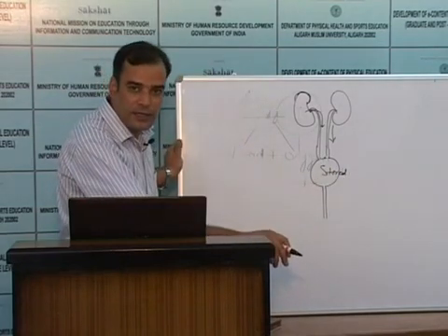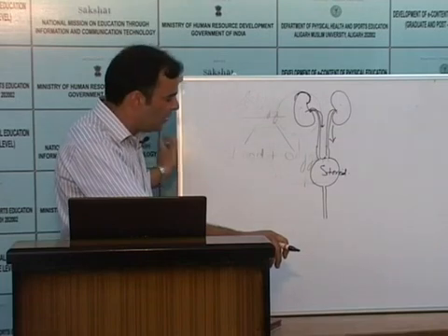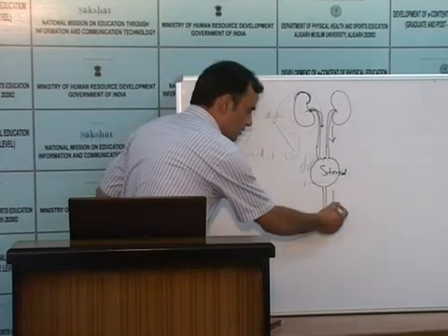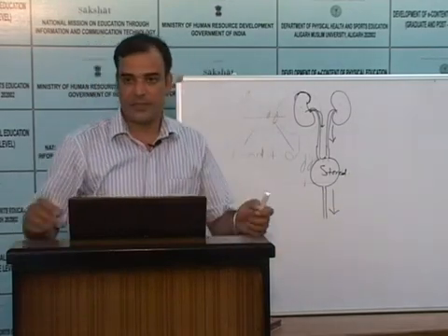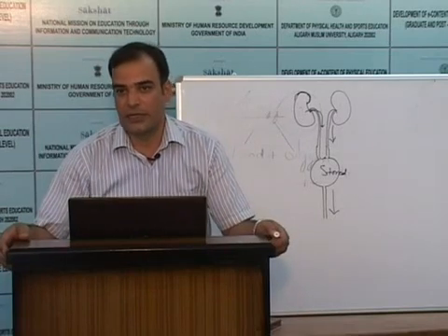And whenever it is feasible for us, or whenever this bladder gets full, urine is voided through this urethra. So this is the basic structure, basic organs that are involved in the renal system.